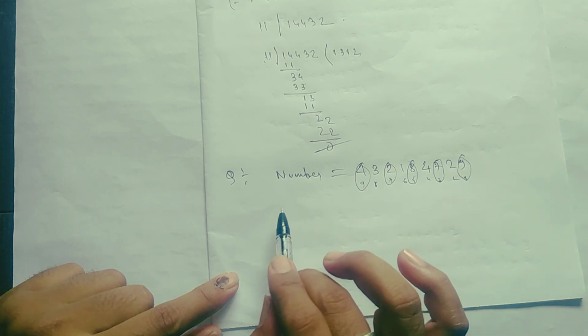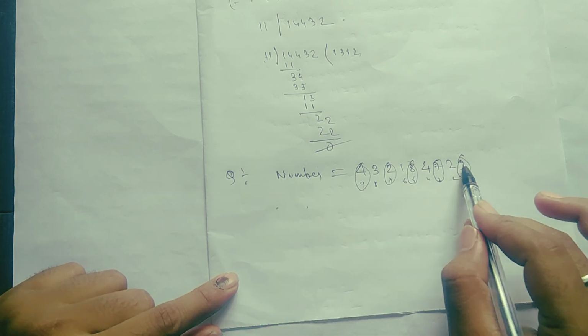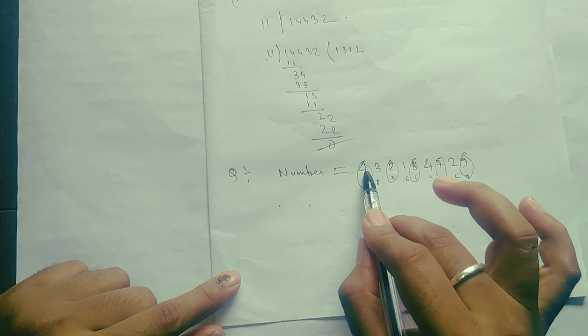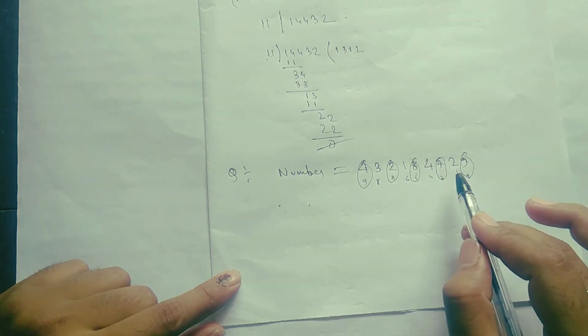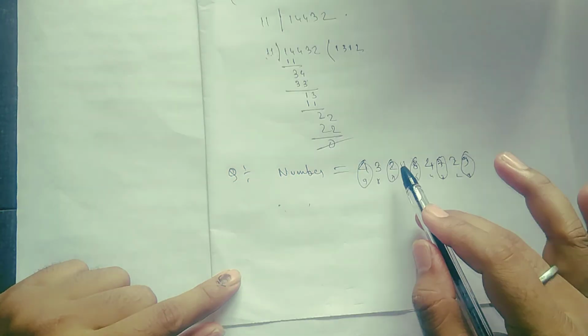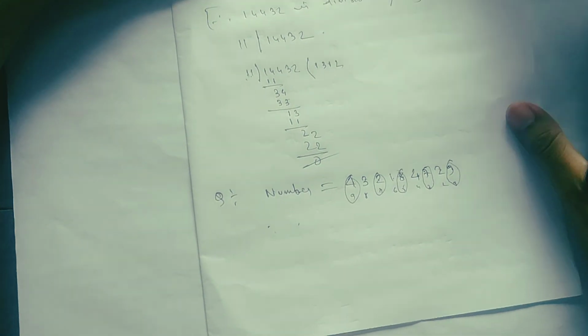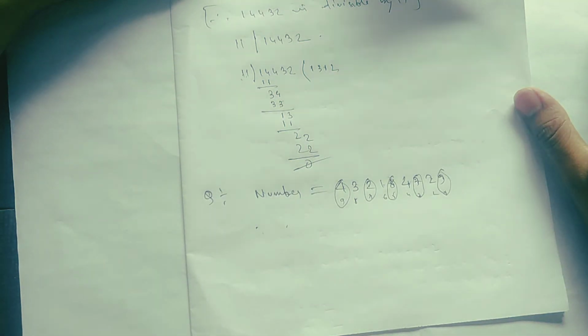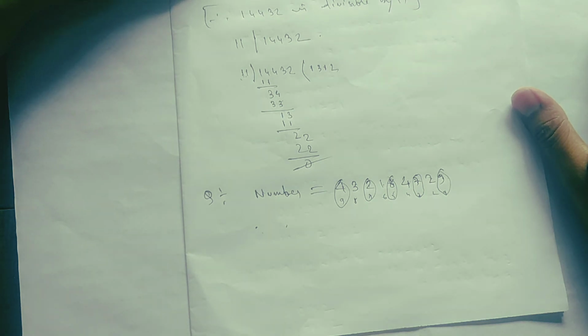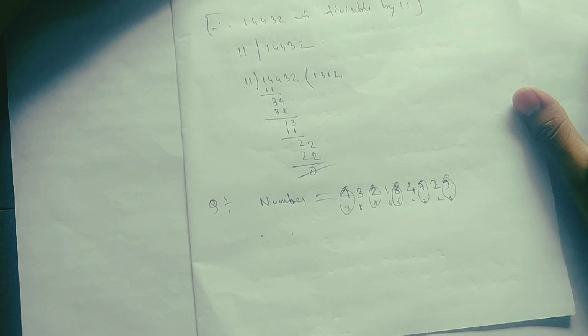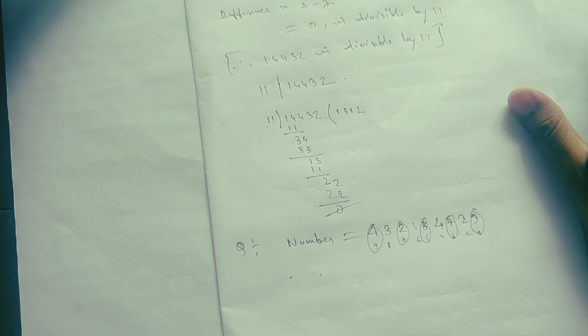That means now we need to find the sum of the odd place digits, that means 9 plus 7 plus 8 plus 2 plus 4, and the sum of the even place digits, that is 2 plus 4 plus 1 plus 3, and then we'll check the difference. If the difference is divisible by 11, then the whole number is divisible by 11. These are the rules. I hope you people have understood. Thank you.